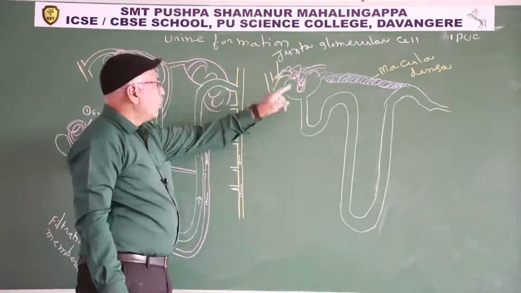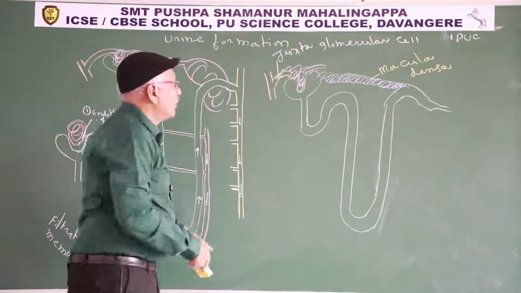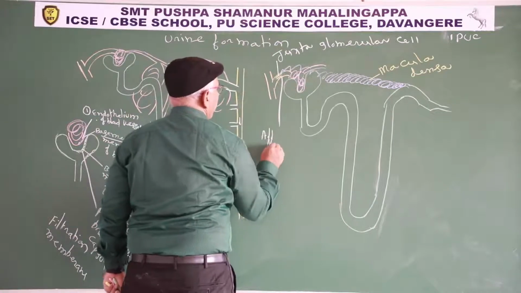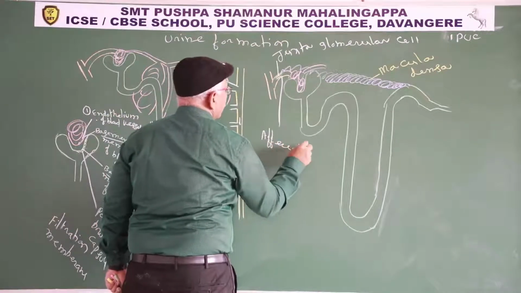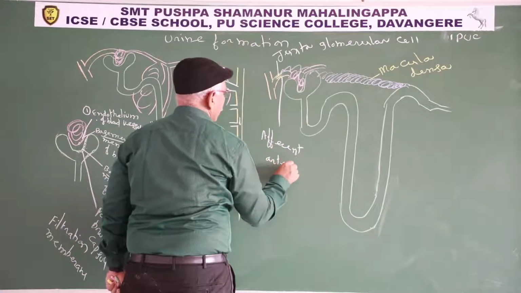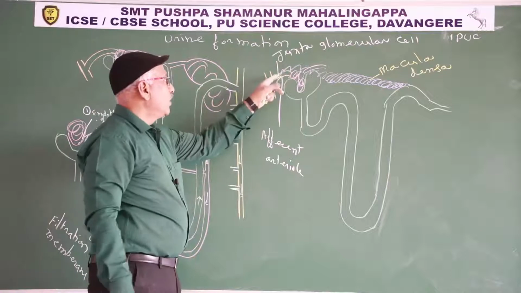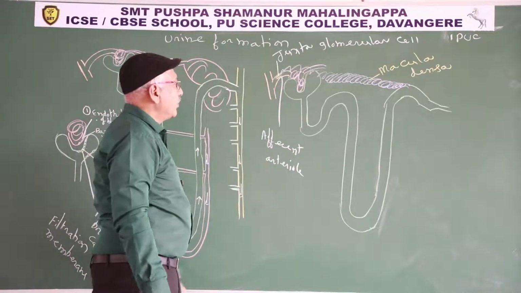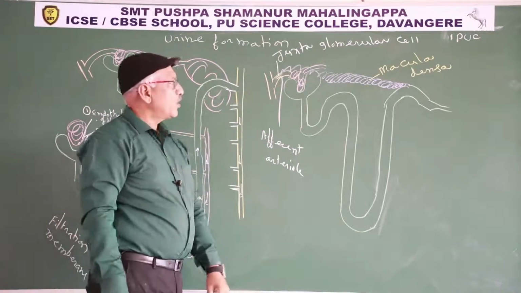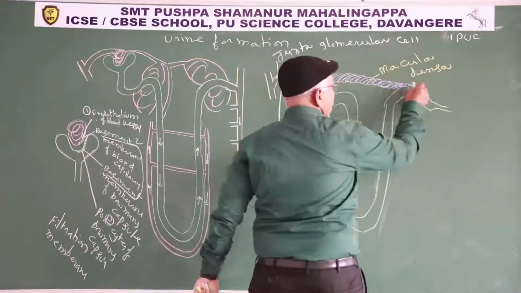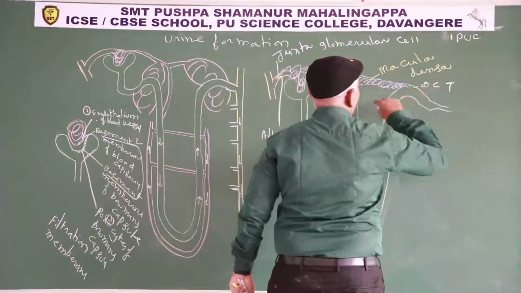Modified smooth muscle cells present in the afferent arteriole are known as juxtaglomerular cells. Modified epithelial cells of DCT are known as macula densa.